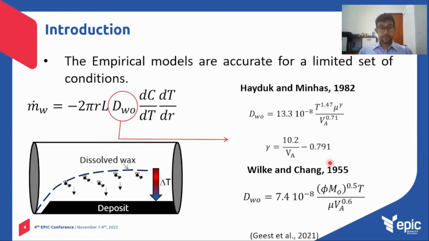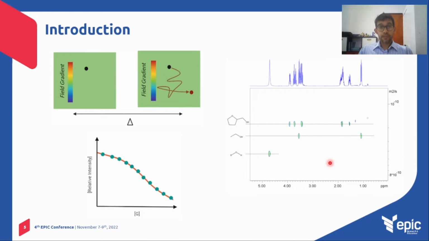So our idea here is to determine the diffusivity experimentally, of course, and to compare this experimental diffusivity with these correlations, like Hayduk-Minhas and the Wilke-Chang model, for example.